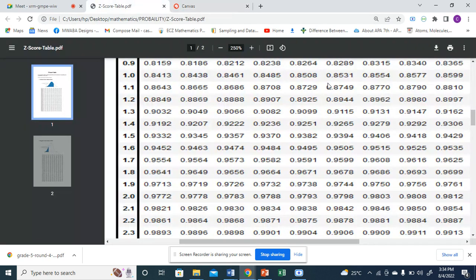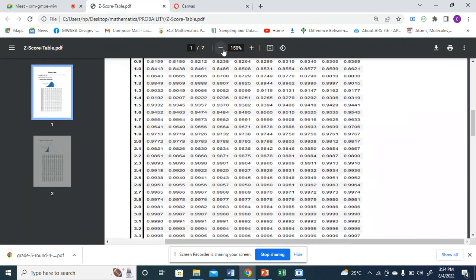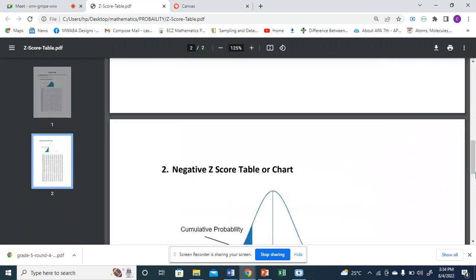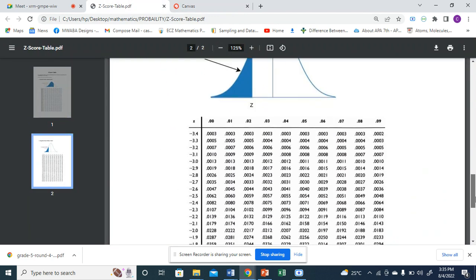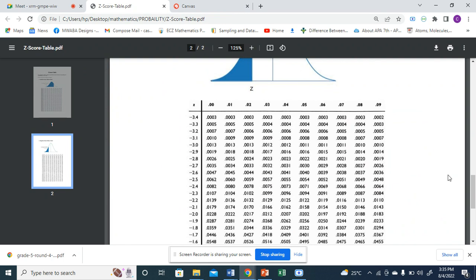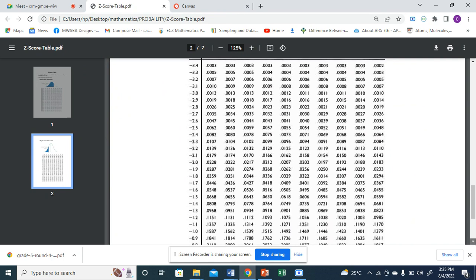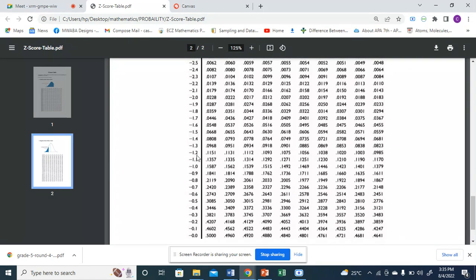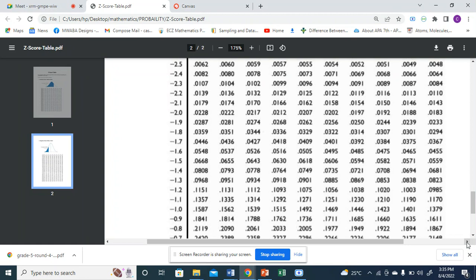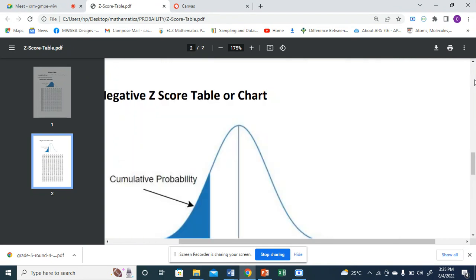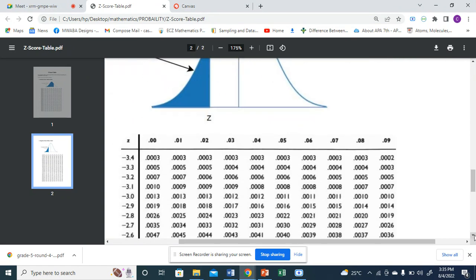So you go to your z-score tables, the negative one. You look for negative 1.25. So here's our negative z-score table. We're going to look in our row for negative 1.2. Then in our column, we're going to have 0.05.